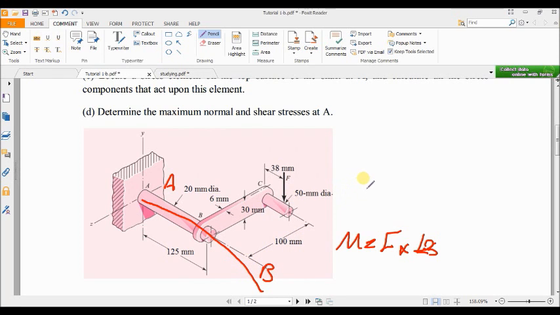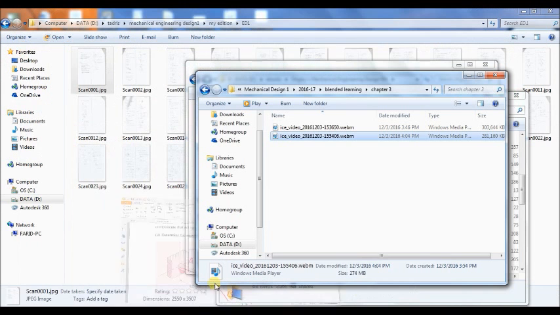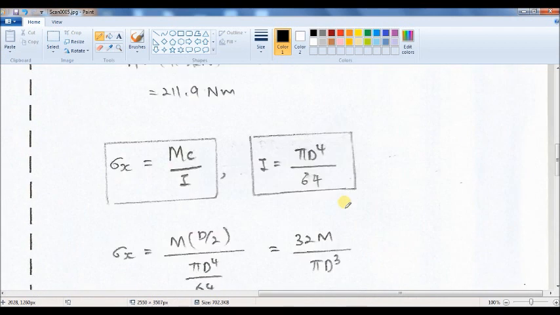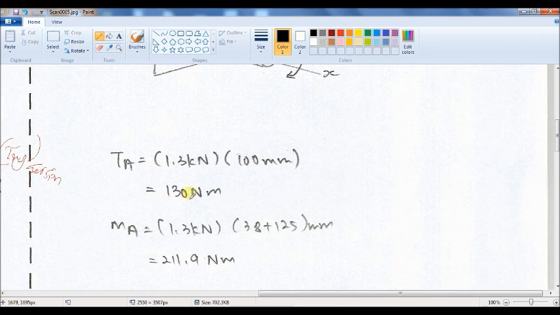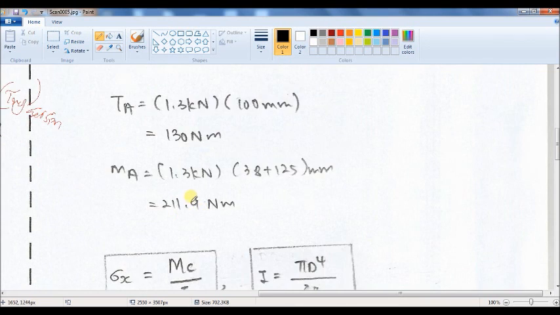So T is F times 100, but later on we have to convert them to meter. Okay, so 1.3 kilonewton times 100 millimeter, then we will have 130 newton meter.